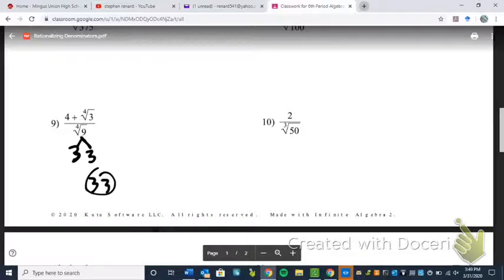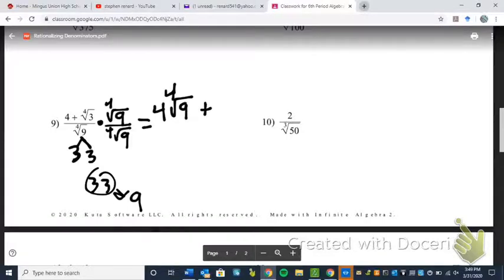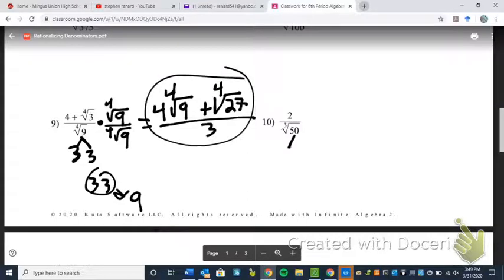So 3 times 3 is 9. So we're going to multiply both the top and the bottom by the 4th root of 9. That gives us 4 4th roots of 9 plus the 4th root of 27 over 3.